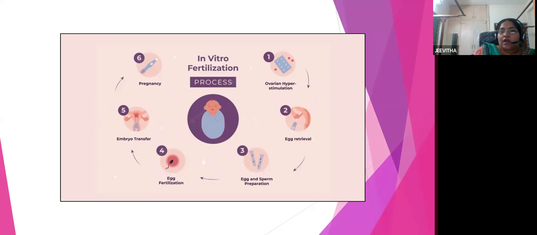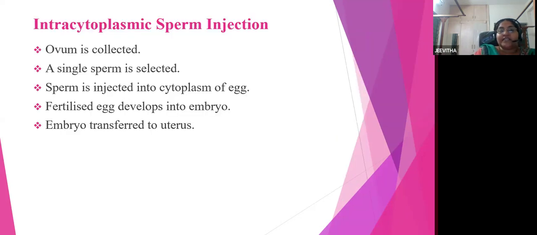So next after IVF, ICSI, intracytoplasmic sperm injection. Your eggs are collected, your sperms are collected, but here the sperm is injected into the cytoplasm of the egg, where the egg develops into an embryo once fertilized, and the embryo is transferred to the uterus.